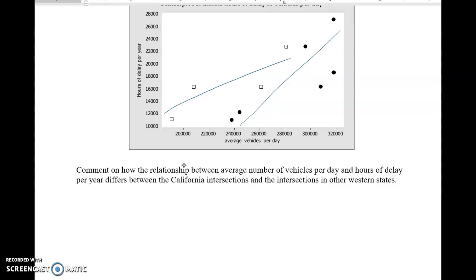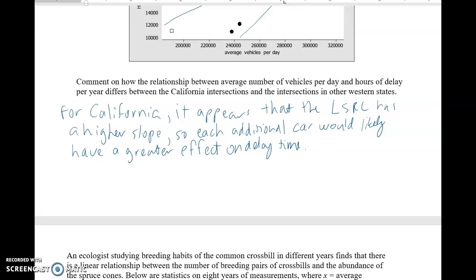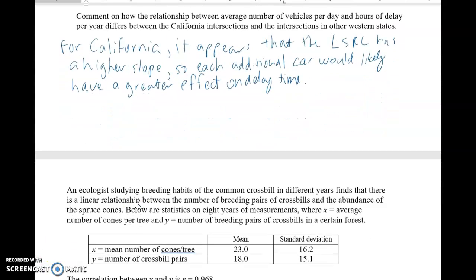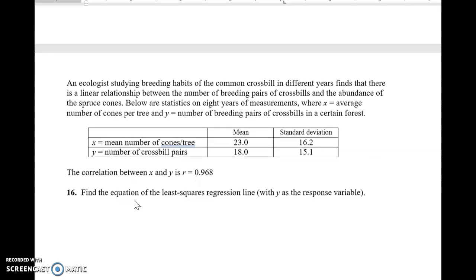Comment on how the relationship between average number of vehicles per day and hours of delay differs between California and others. Okay, looks like there's a lower y-intercept, and looks like there's a little higher slope. I'm going to record that. So again, I just recorded what we said there instead of making you watch me write it.